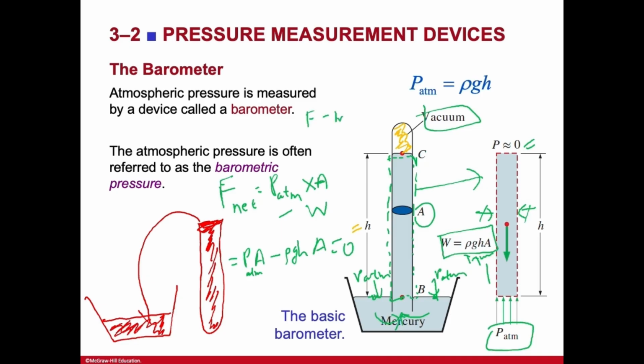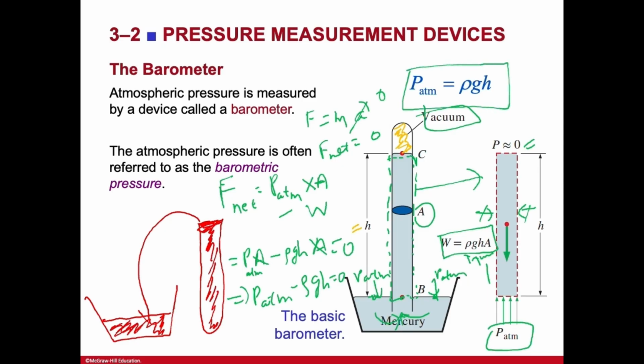The area A is common to both terms, so it can cancel out, and we end up with P atmosphere minus rho G H is equal to 0. Hence, P atmosphere is equal to rho G H.